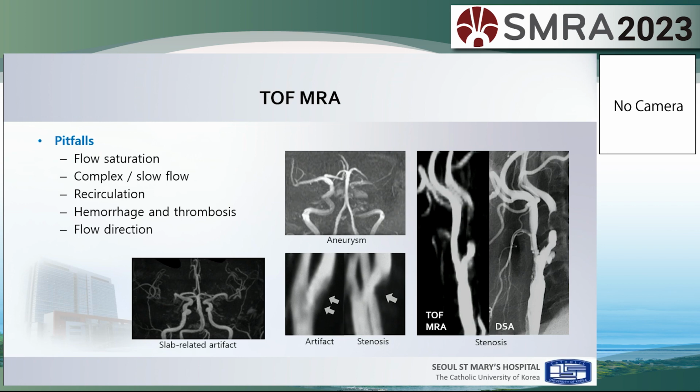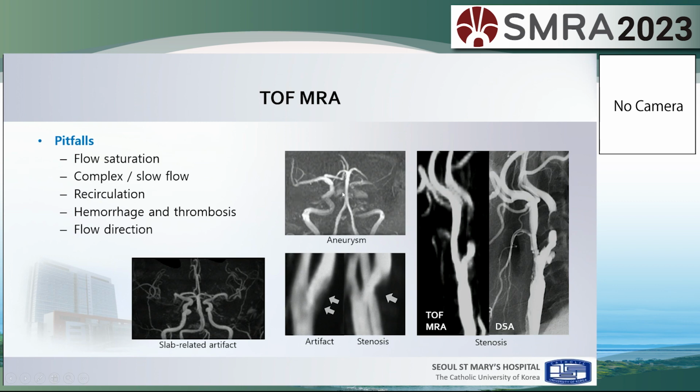Back to the clinical utilization of TOF MRA and angiography, although it is quite frequently used, we do have pitfalls from the artifacts, including flow saturation, complex and slow flow, or recirculation artifact.